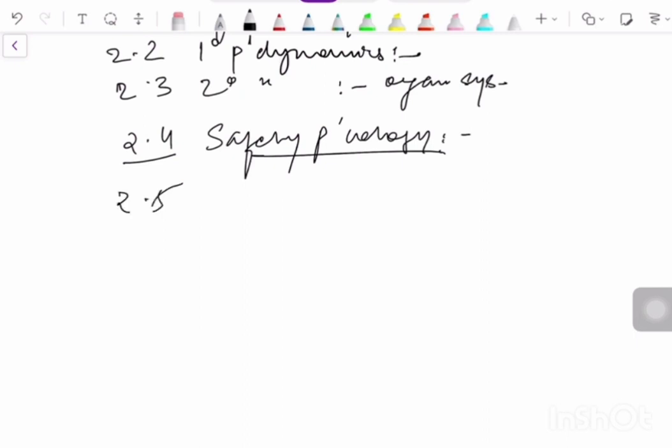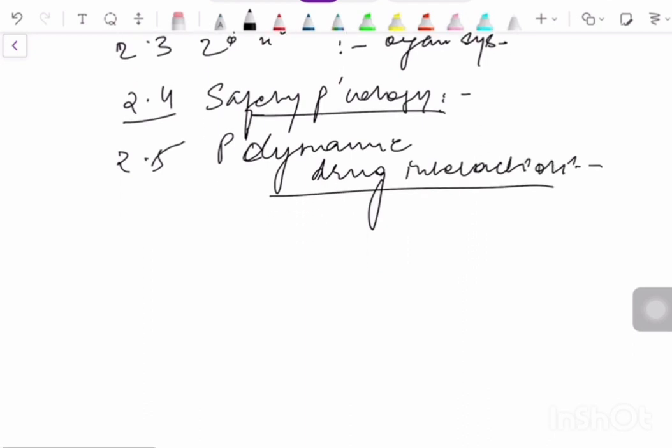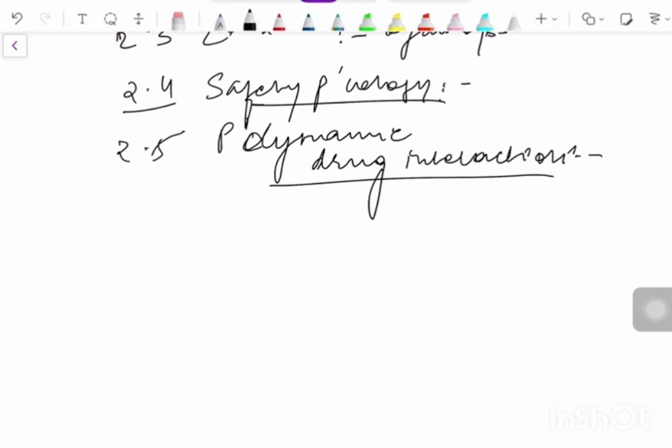Then comes section 2.5, pharmacodynamic drug interactions. Drug interactions, if they have been performed, you can write about the drug interactions. Then 2.6 is discussion and conclusions.